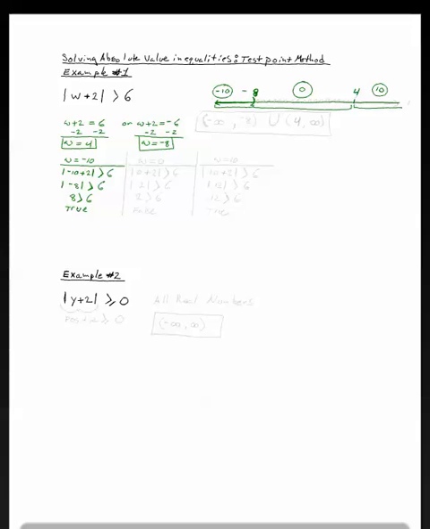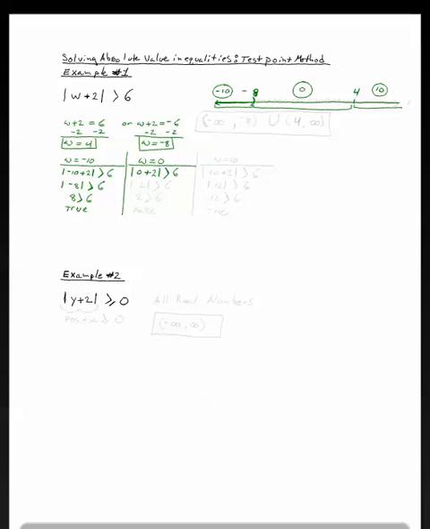Next we want to test our second point, w equals 0. So we plug it in and we get the absolute value of 0 plus 2 is greater than 6.